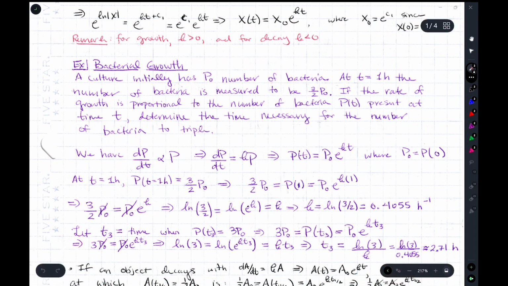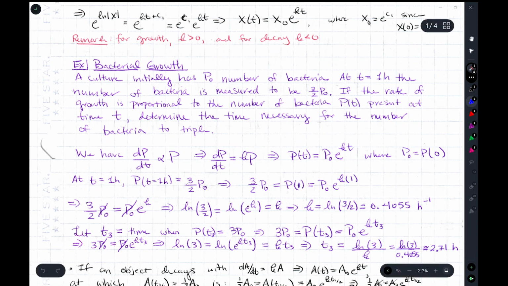Okay, and our problem is that we don't know k, but we do know that at t equals 1 hour, we have that the population is 3/2 P naught. So we're going to take advantage of that. We have the general form, and we have the value at a particular point in time.